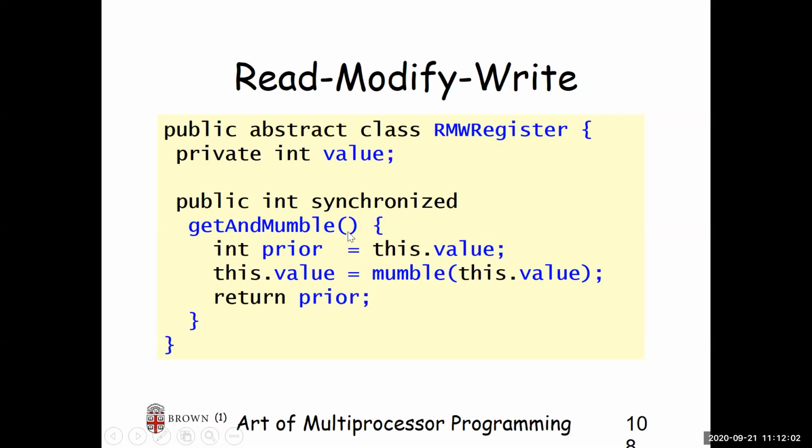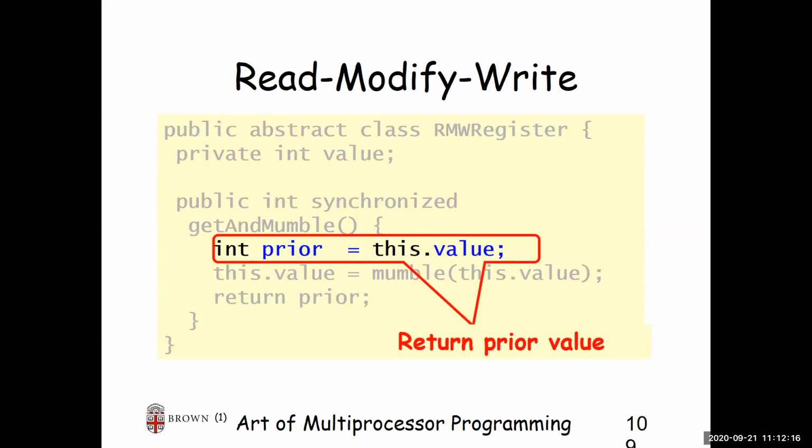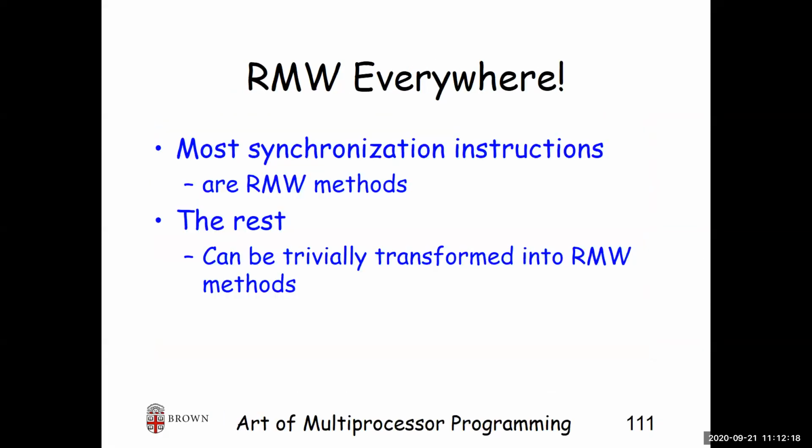It's going to get the prior value, compute whatever it does, replace the value, and then return the prior. So most synchronization instructions are RMW instructions, methods, and the rest can be trivially transformed into them.